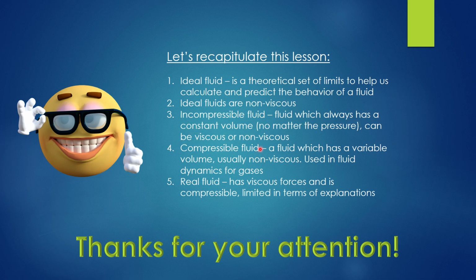Can be viscous or non-viscous. A compressible fluid is a fluid which has a variable volume. Usually it is taken as a non-viscous fluid. It is often used in fluid dynamics for gases. And real fluid has viscous forces and is compressible. Limited in terms of explanations. And when we say explanations, we mean the math behind it.